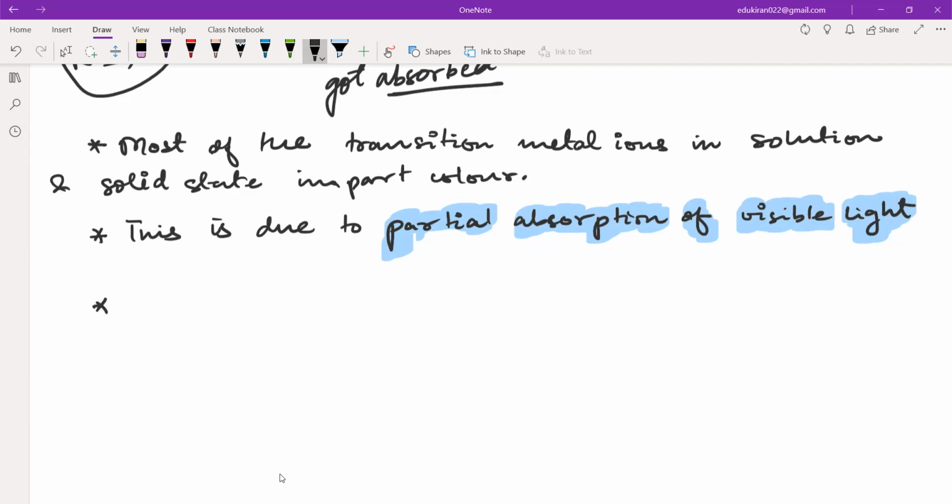Now this absorbed light, what does it do?